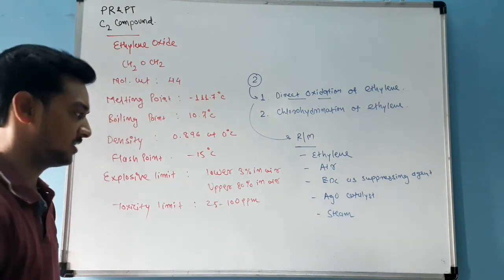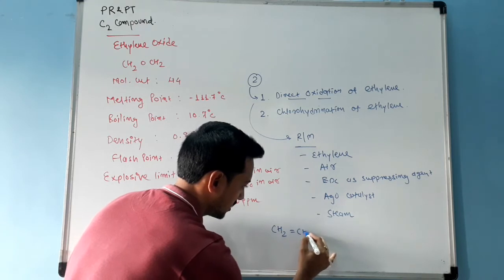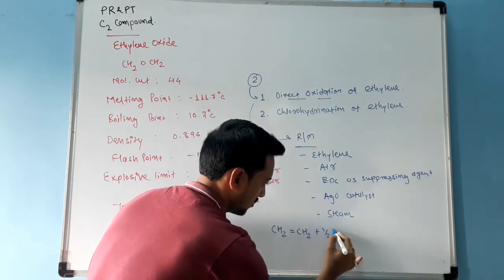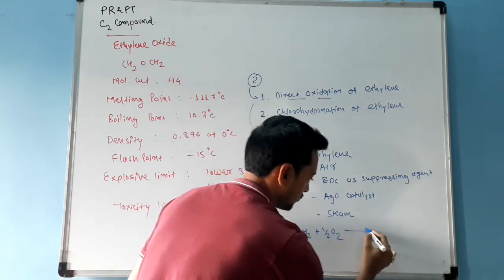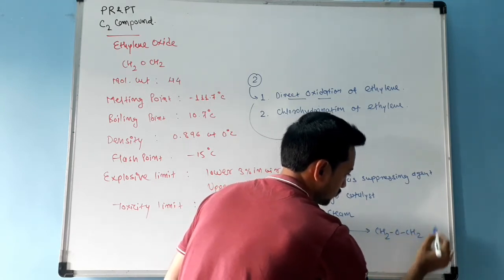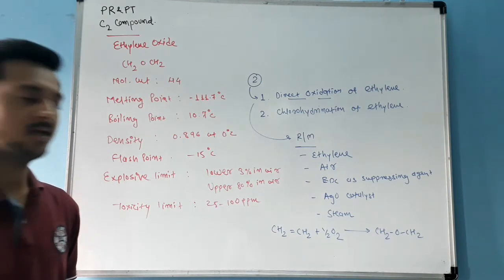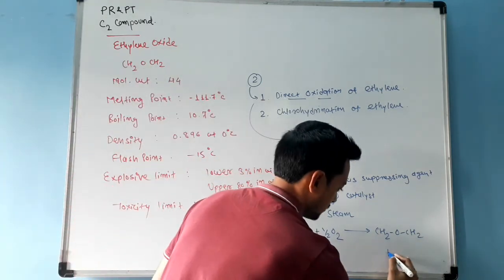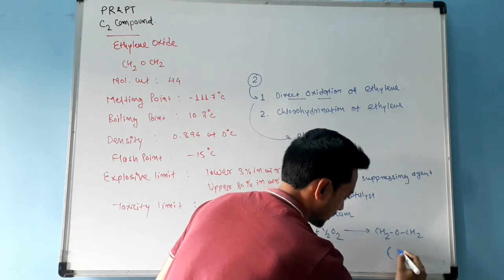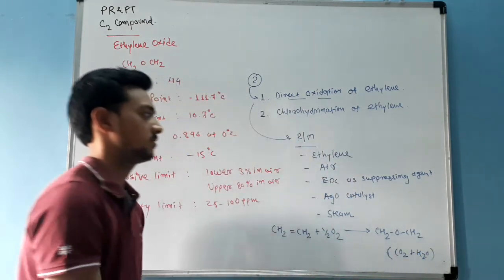Chemical reaction is CH2 double bond CH2 plus 1/2 O2 gives CH2-O-CH2. If side reaction occurs, then CO2 plus H2O is produced.